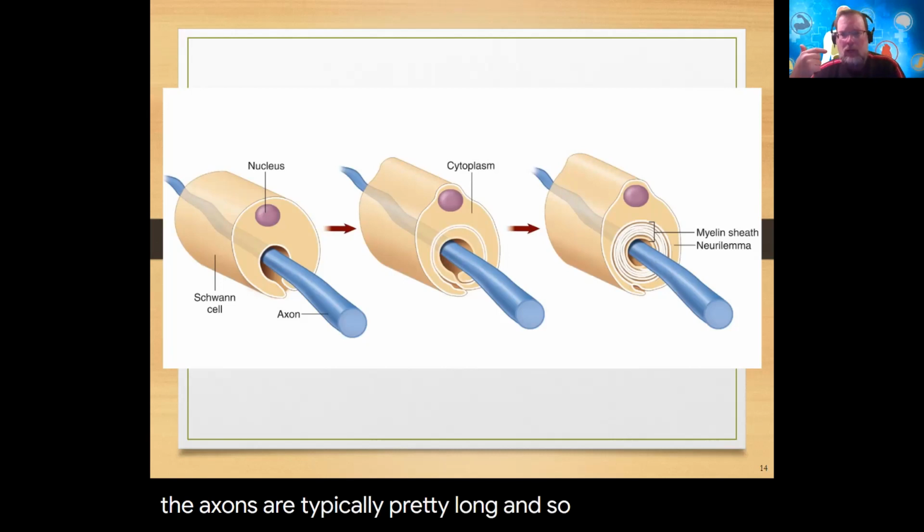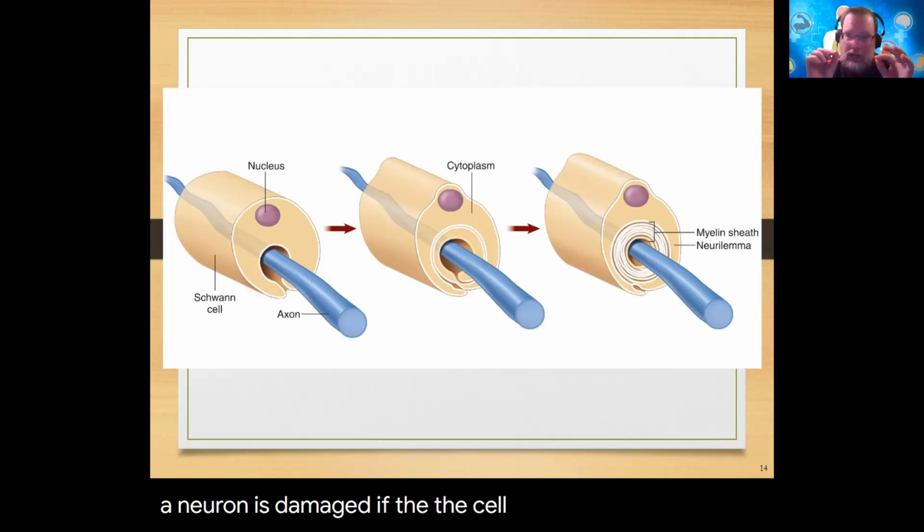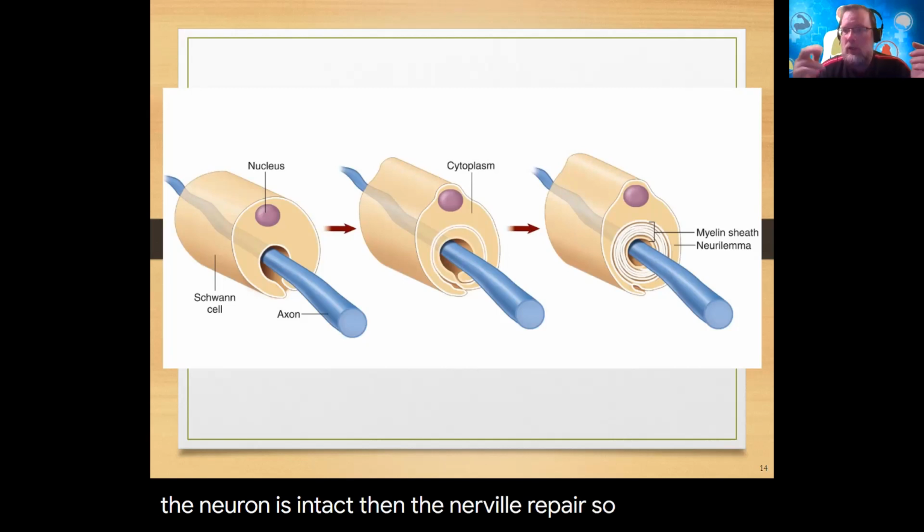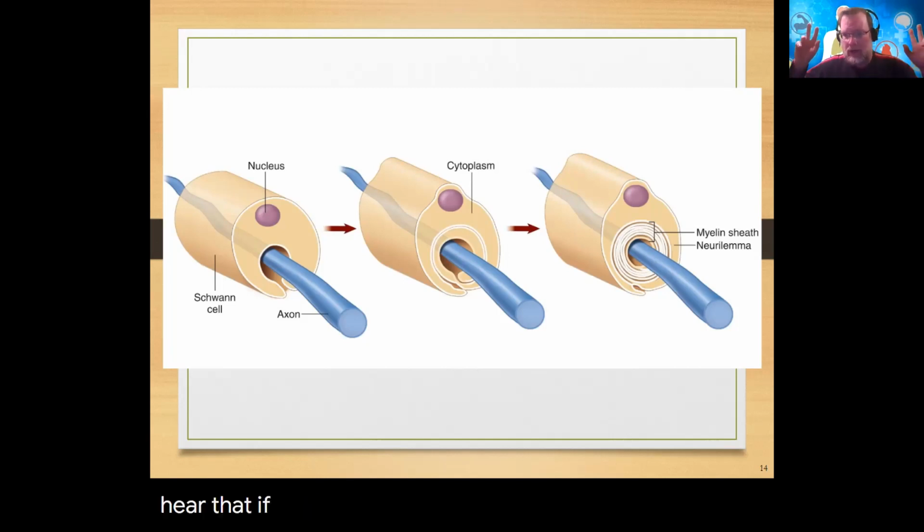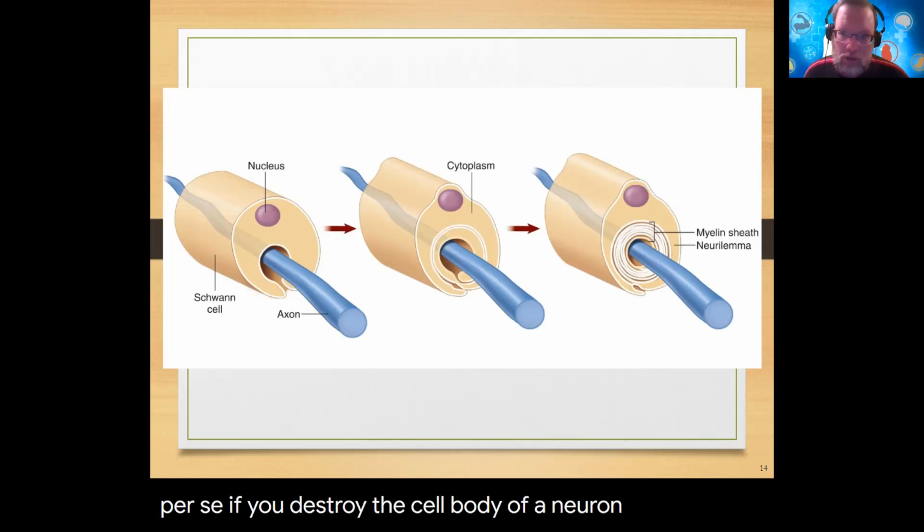And so when a neuron is damaged, if the cell body or the nucleus of the neuron is intact, then the nerve will repair. So when you hear that if I destroy a nerve, it won't repair, that's not true per se. If you destroy the cell body of a neuron, then that's it.